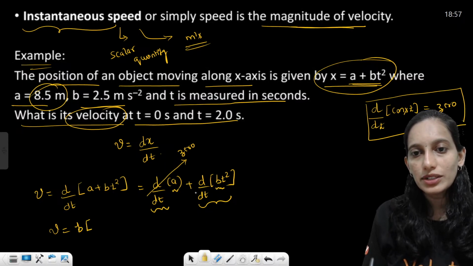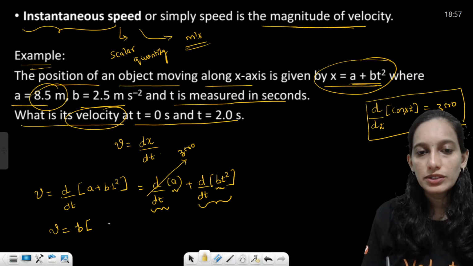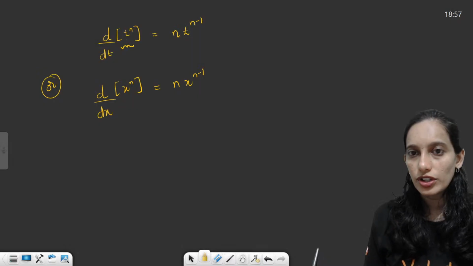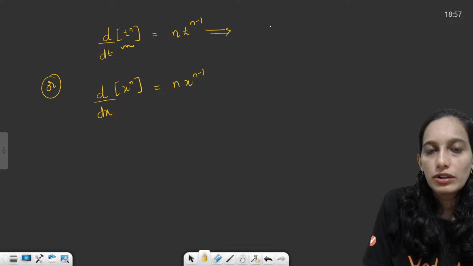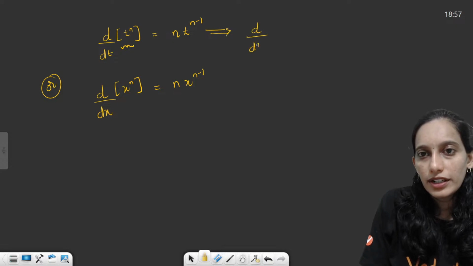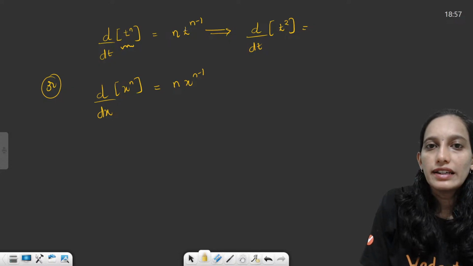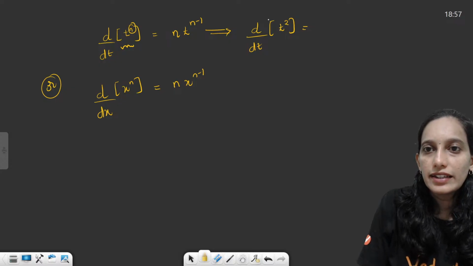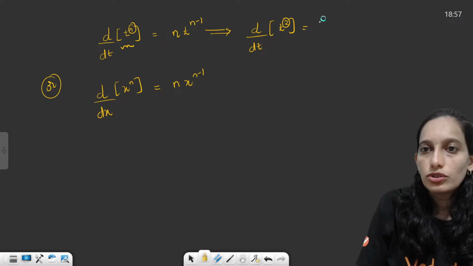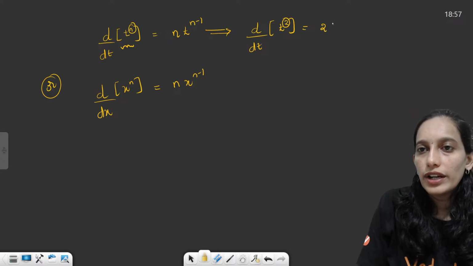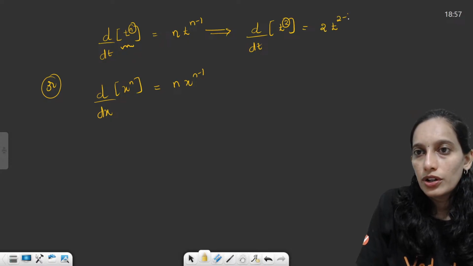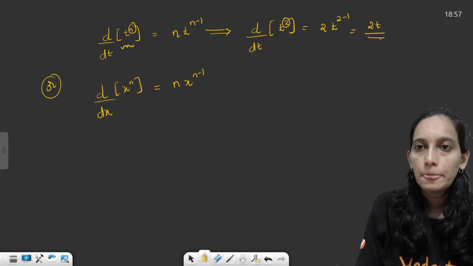So ಈಗ t square ನ differentiate ಮಾಡಬೇಕು. t square differentiation ಏನಾಗುತ್ತೆ, if you just check with our formula, d by dt of t square. ಸೊ ಇಲ್ಲಿ n ಅಂದ್ರೆ 2 ಇದೆ. ಸೊ ಏನಾಗುತ್ತೆ ಆಗ 2 into t raised to 2 minus 1, which is nothing but 2t ಆಗುತ್ತೆ. ಕರೆಕ್ಟಾ?